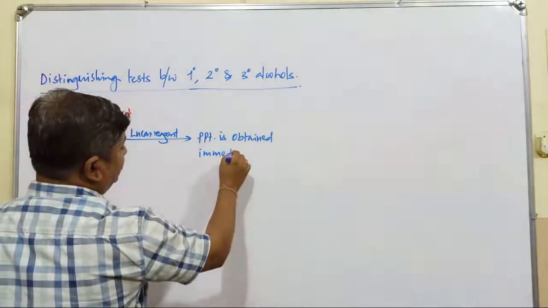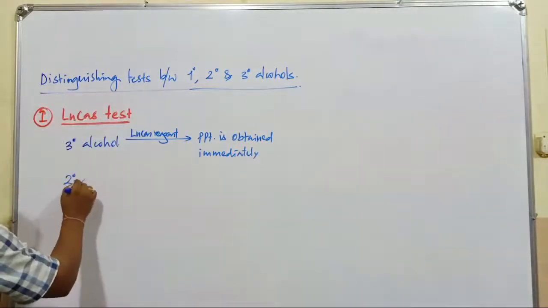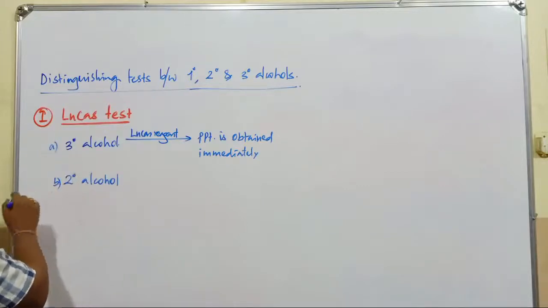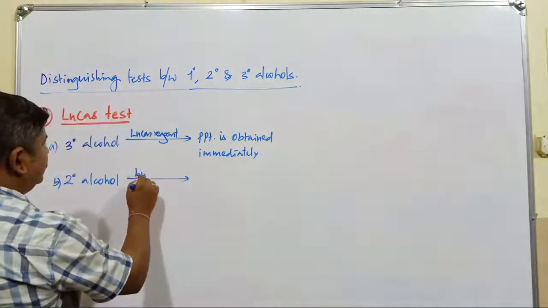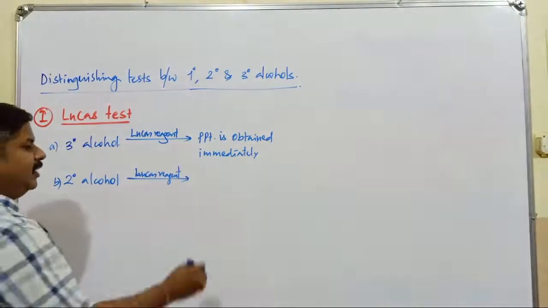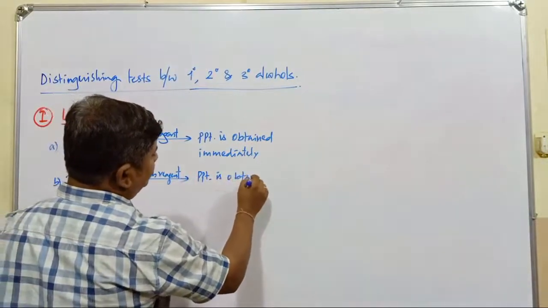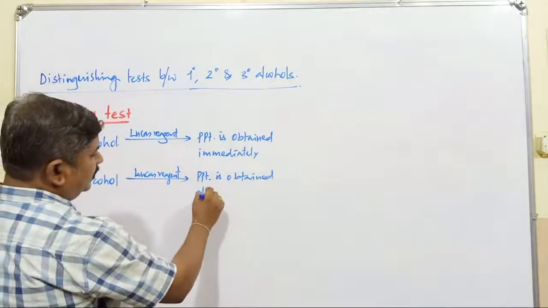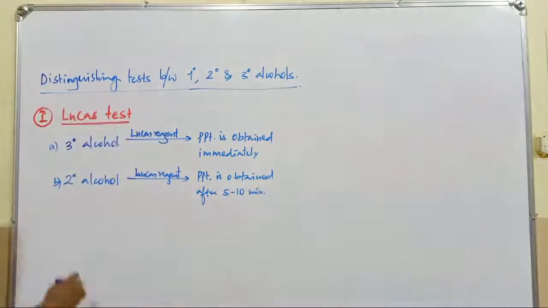If it is a secondary alcoholic compound, then if it is treated with Lucas reagent, what is the observation, students? Already we have discussed. A precipitate is obtained after 5 to 10 minutes.